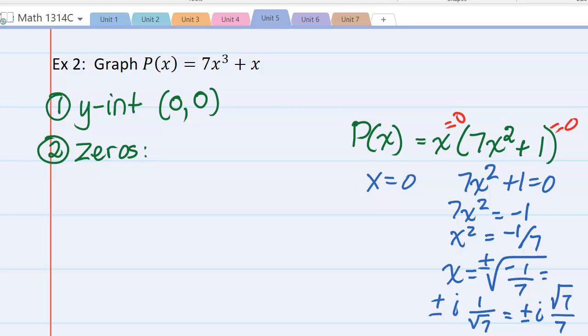We find the zeros to be 0 and 2 imaginary values. So we only have the x-intercept of (0, 0), which is the same as the y-intercept, since we cannot graph imaginary values on our real graph.